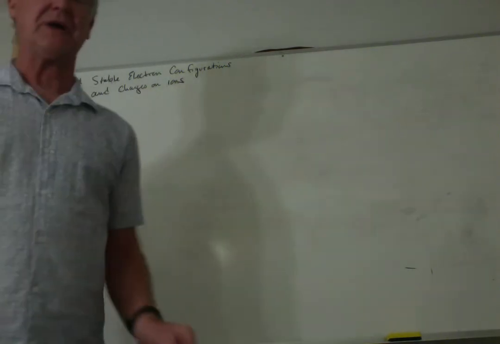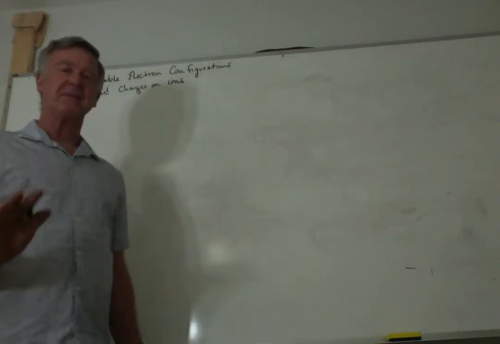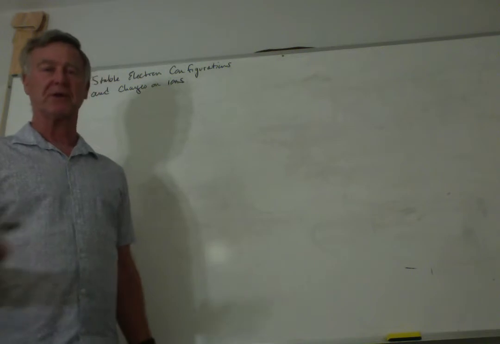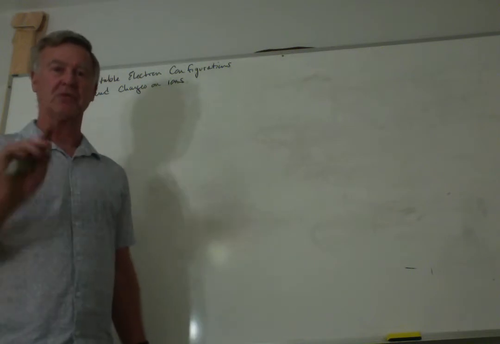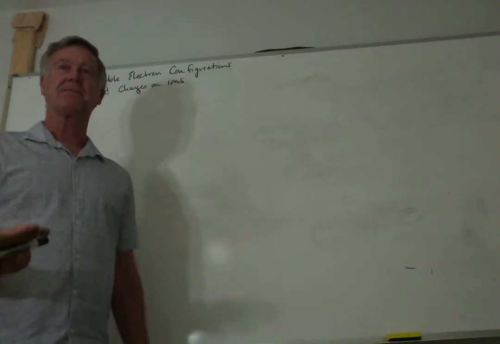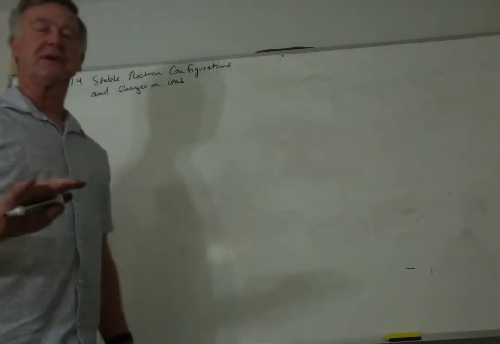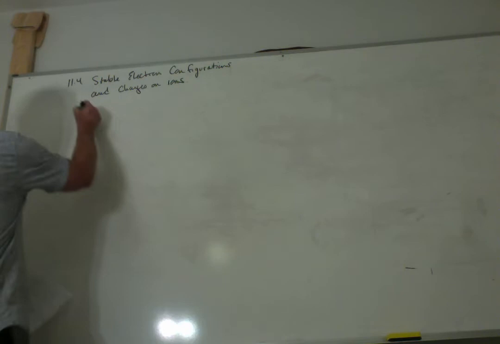When we're talking about ions forming, there is a fundamental principle for most of the atoms that we'll be working with. There are some exceptions to this, but for what we're going to be working with as we go through the rest of this chapter, we're going to be working with atoms that follow this rule.